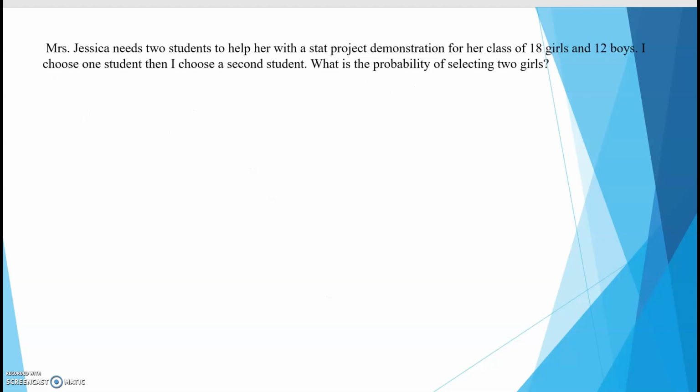Now say I need 2 students to help me with a stat demonstration for a class of 18 girls and 12 boys. I choose one student, then I choose a second student. What's the probability of selecting 2 girls? If I choose the first girl, I'm not going to put her back into the drawing pot because I might select her again and then I'm only ending up with one girl for my demonstration.